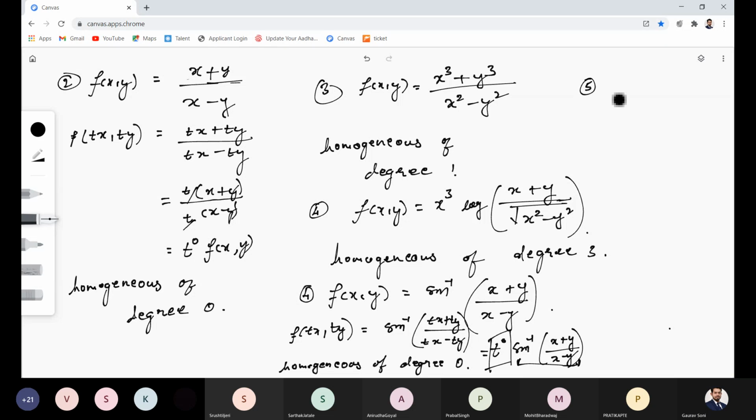Fifth one, f of x comma y is equal to log of x square by y. Not homogeneous, sir. So this is not homogeneous.